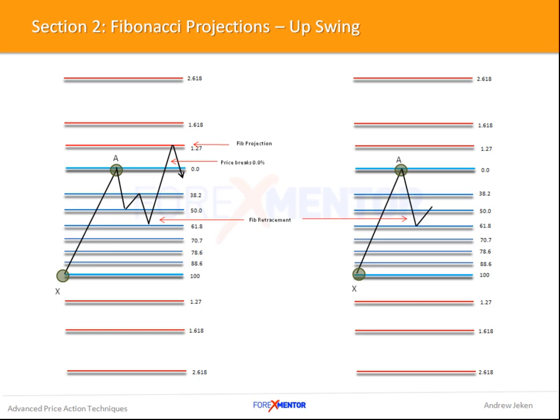We get a reaction, and then price continues down. This time you see how it breaks the 100%, but it comes down into the 127 extension. So you've got the extensions above and below, one above the 0% and one below the 100%. And that is your Fibonacci projection or extension.